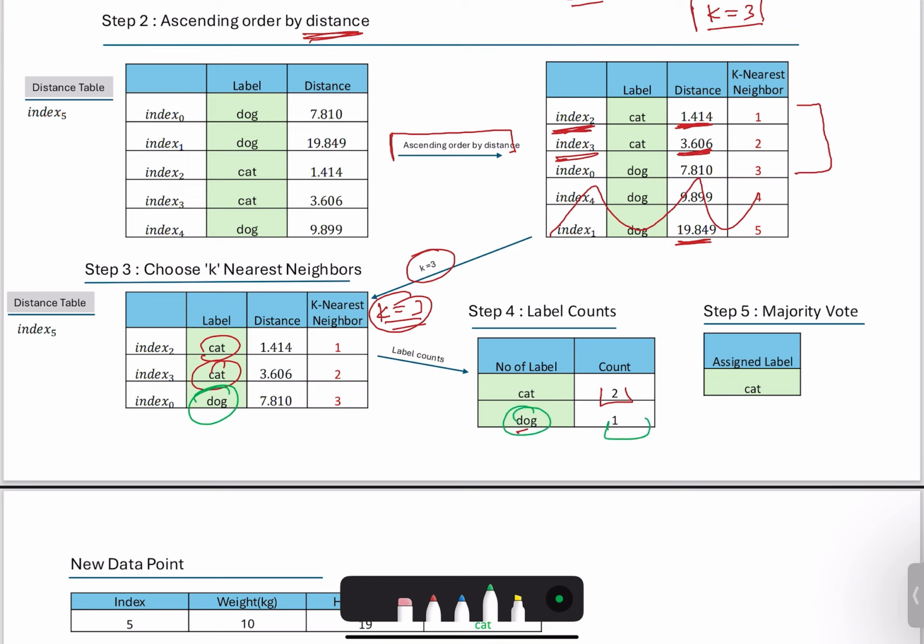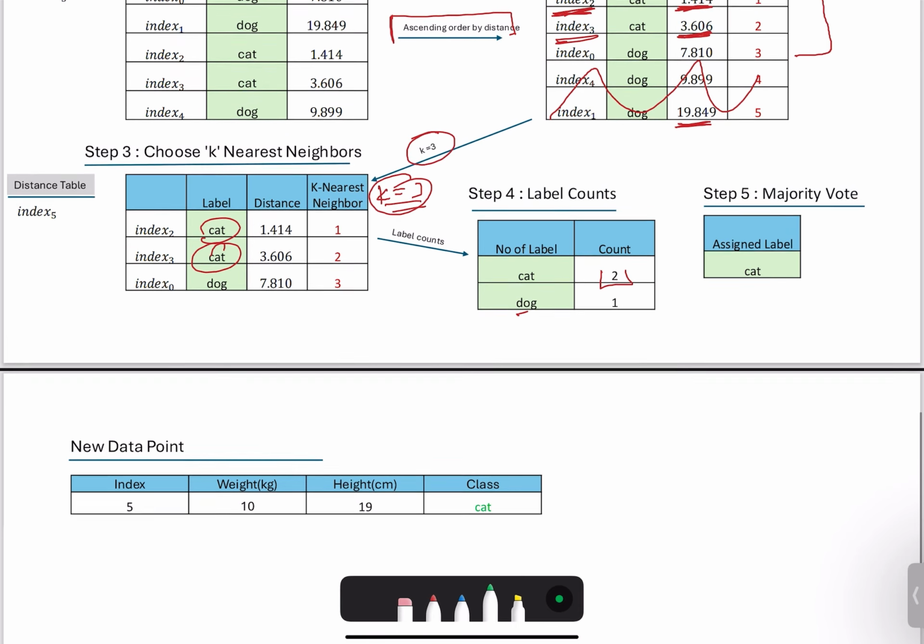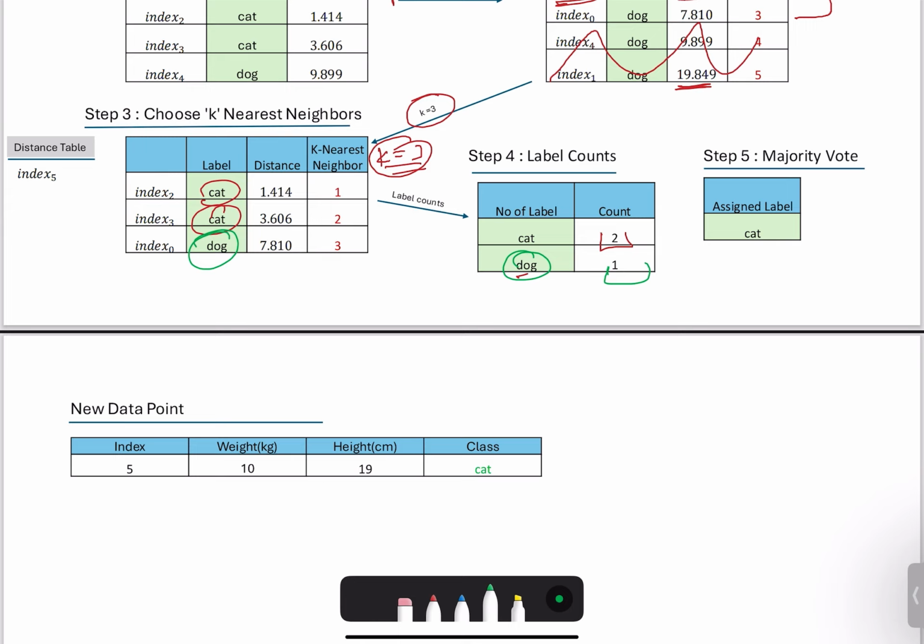Based on the majority vote, you assign the new data point as either a cat or a dog. As the cat has appeared more than the dog, we assign cat as the label for our new data point. So that's all about how KNN works for classification. In our next session, we are going to work with KNN for a regression problem.